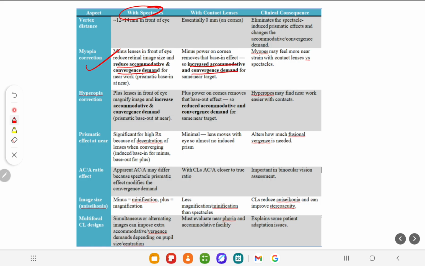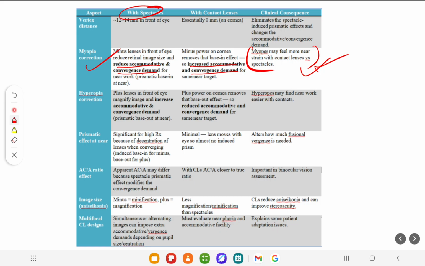So the consequence is that myopes may feel more near strain with contact lenses versus spectacles. That's the crucial point. So if someone is of pre-presbyopic age like 38, 39, and female especially, don't switch her -6 spectacle to a -5.5 contact lens. Or if you at least have to switch to contact lenses, then tell her it will be problematic, or try to do other things.